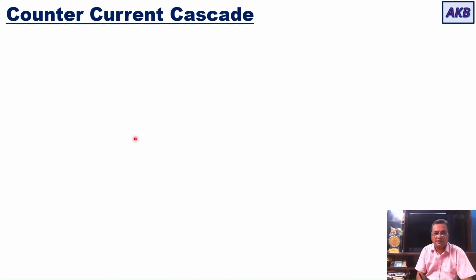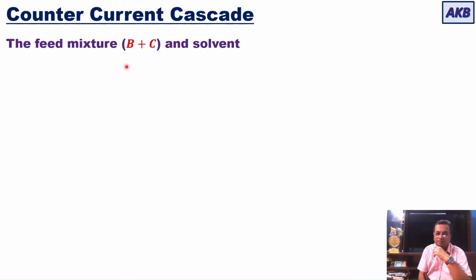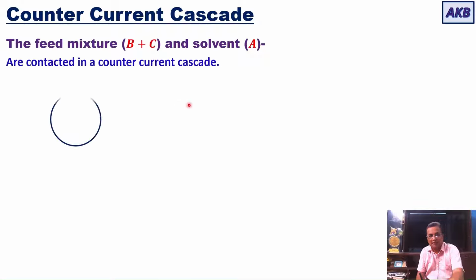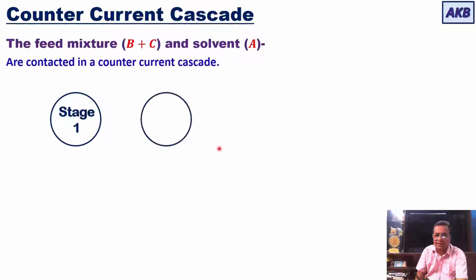Now let us talk about the counter current cascade. So in this case, the feed mixture, which is a mixture of solids B and C and the solvent A, are contacted in a counter current cascade. And I will show you a cascade that will contain capital N number of stages.